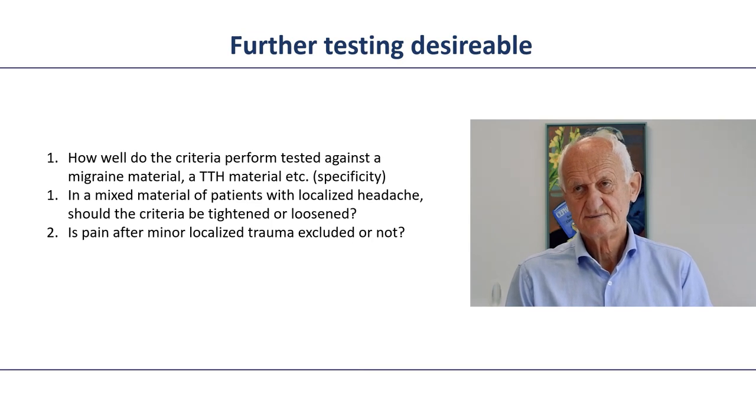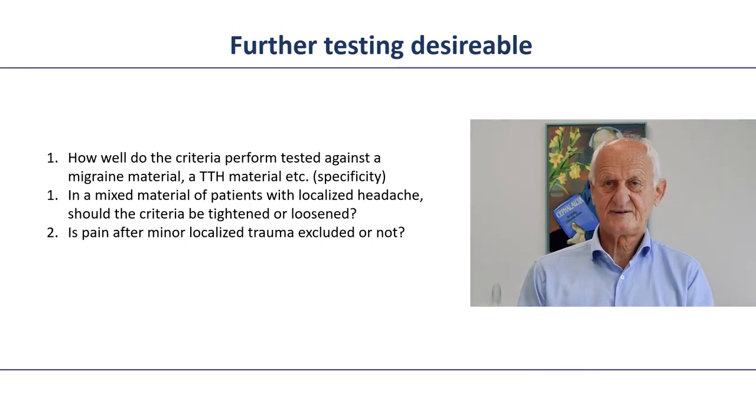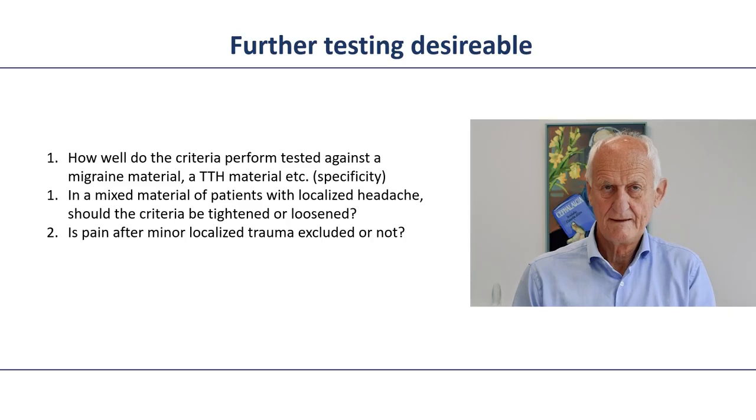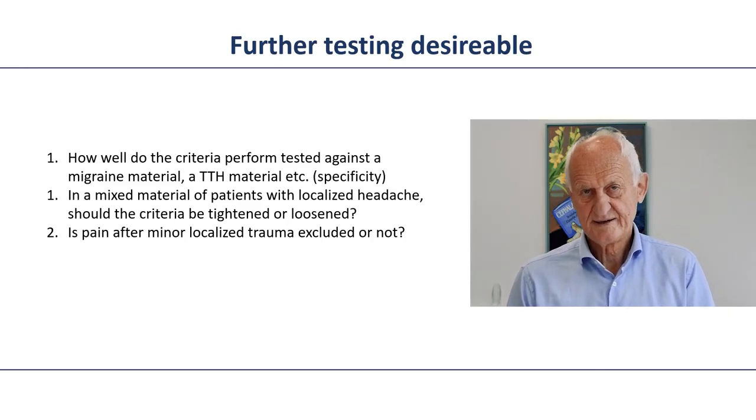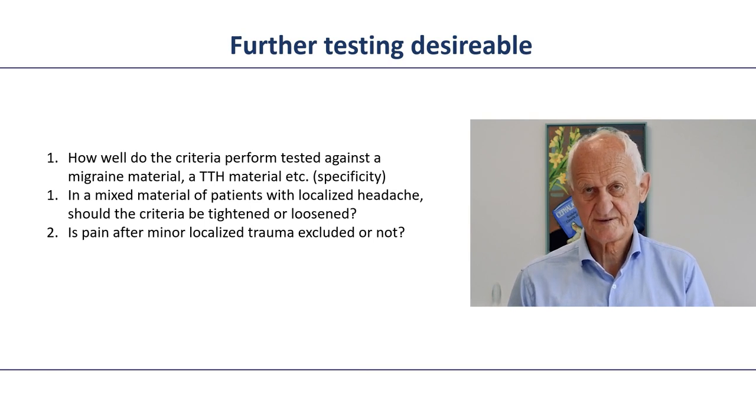And then when you have a large material of such patients, you apply the existing diagnostic criteria for nummular pain, and you analyze those people who fulfill the criteria and those people who don't fulfill the criteria.